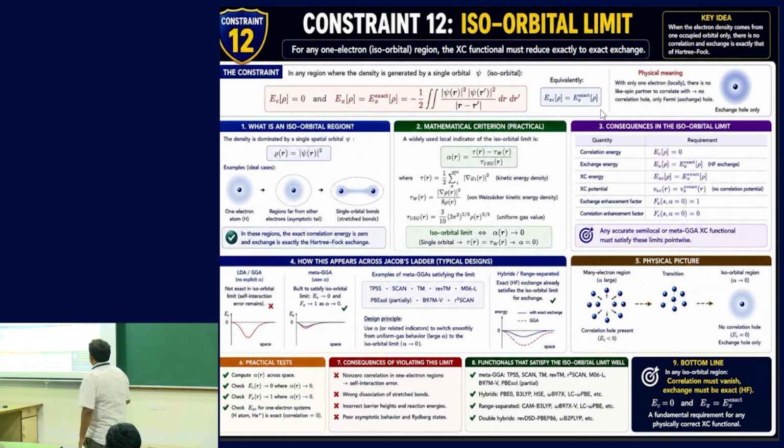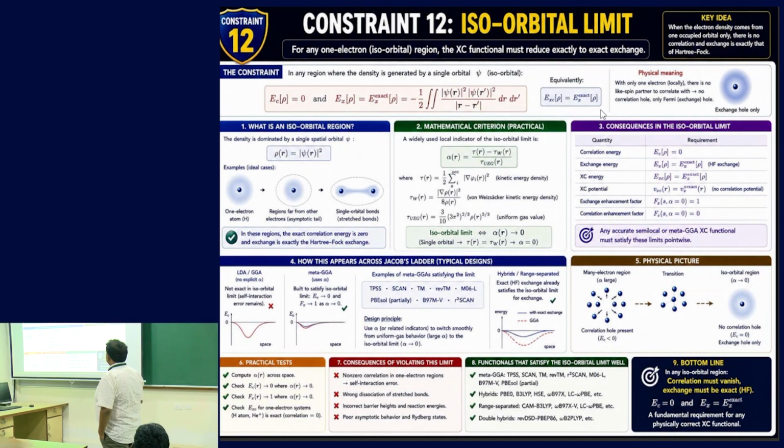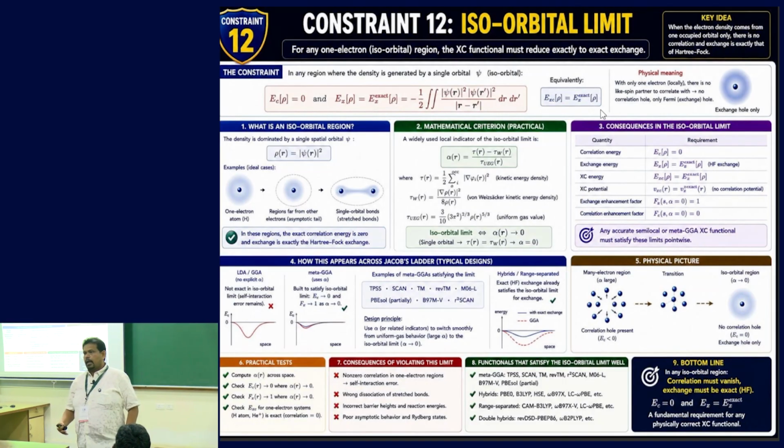So in one electron, the exact Hartree-Fock energy will be the same as the exchange. Iso-orbital means one orbital.